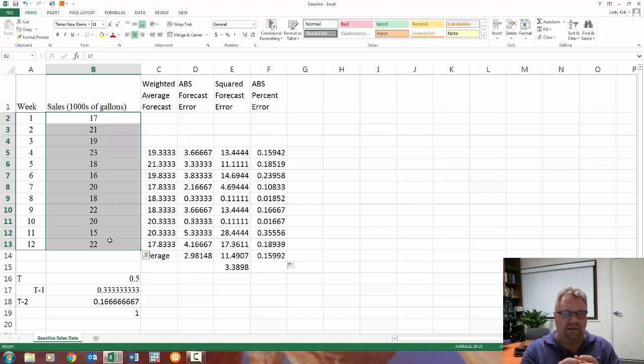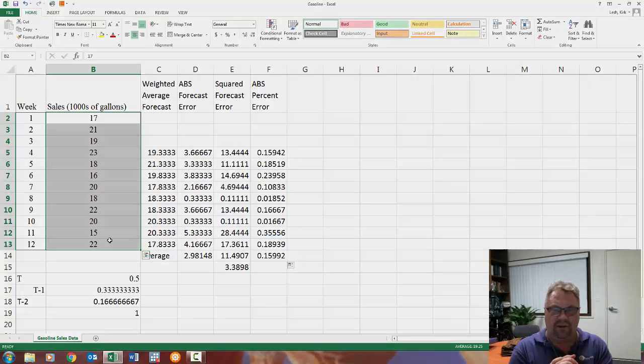You're using all of your data. You don't have to make assumptions. Why am I only going back 3 periods? Why are my weights the way they are? Why shouldn't you go back 6 periods and have different weights? It just gets complicated, and there's no reason for it. So, again, not a big fan of the weighted average forecast.